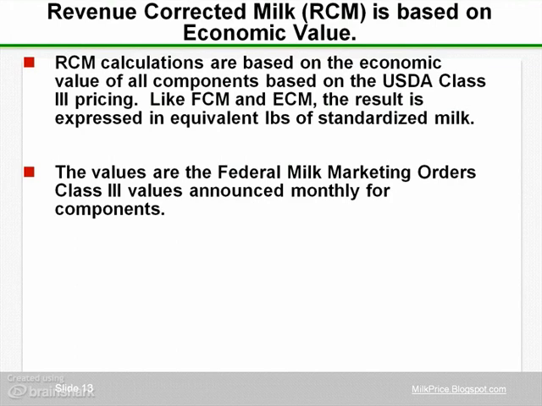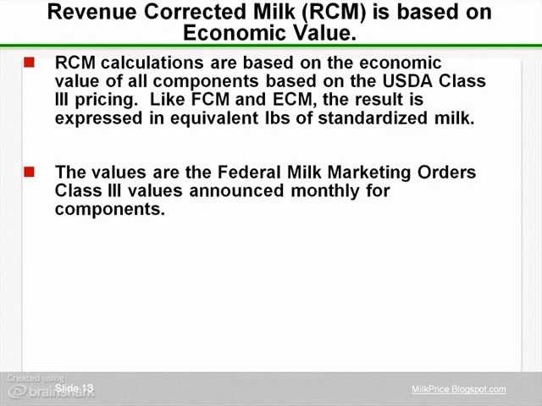Revenue-corrected milk calculations are based on the economic value of all components based on the USDA Class 3 pricing. Like fat-corrected milk and energy-corrected milk, the result is expressed in equivalent pounds of standardized milk. These economic values change each month when new federal milk marketing order prices are announced.